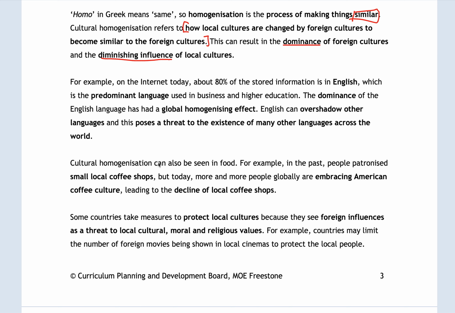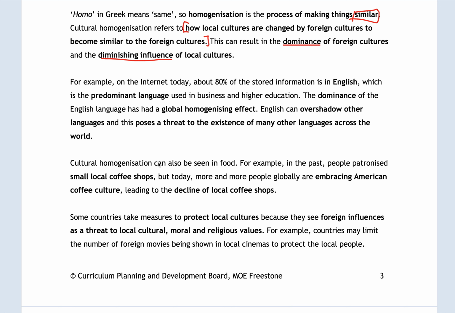Now this can also be seen in food. For instance, kopitiams in Singapore, the little coffee shops and hawker centers. In the past, most people patronized these shops because they were part of the Singapore culture.